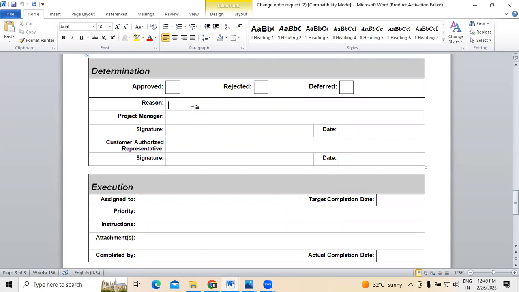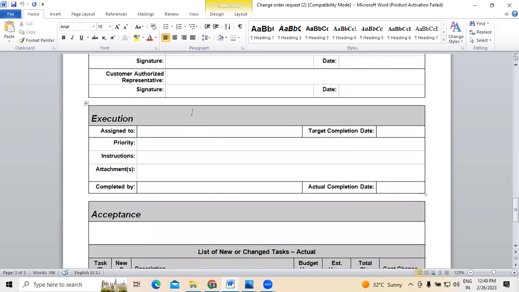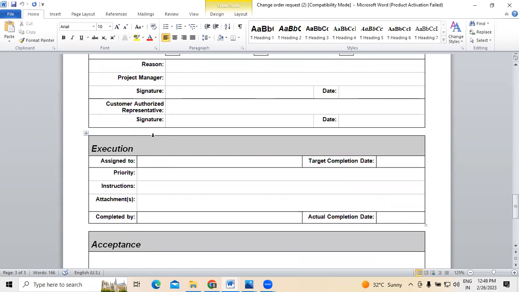At the same time, we have to see to whom we are going to assign this, who is going to take care of the execution, what will be the targeted completion date, and what the priorities are. Are there any instructions we want to give? Is there any reference attachment document the customer has given?